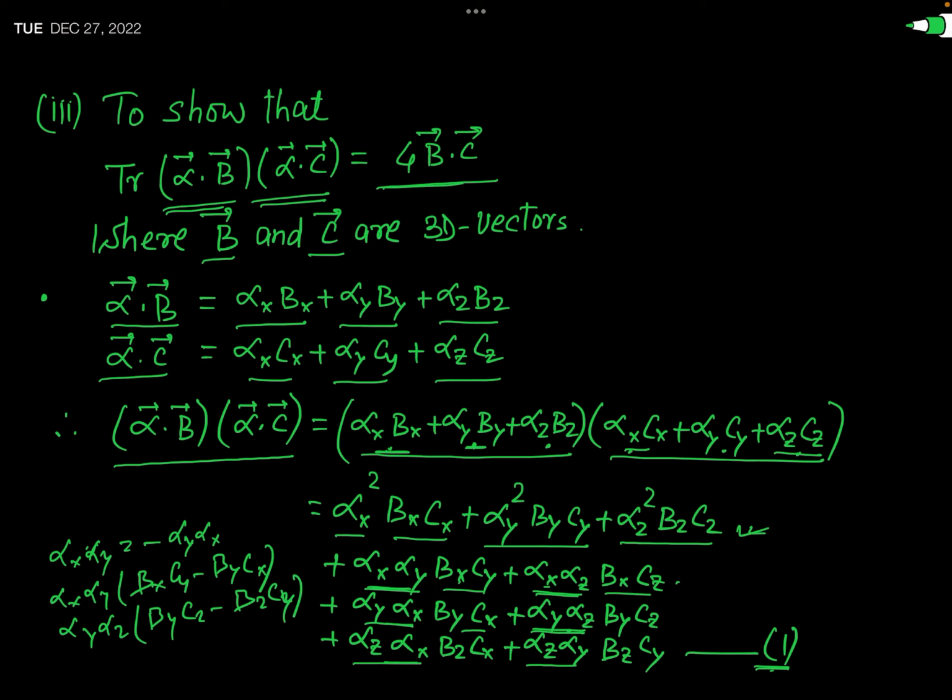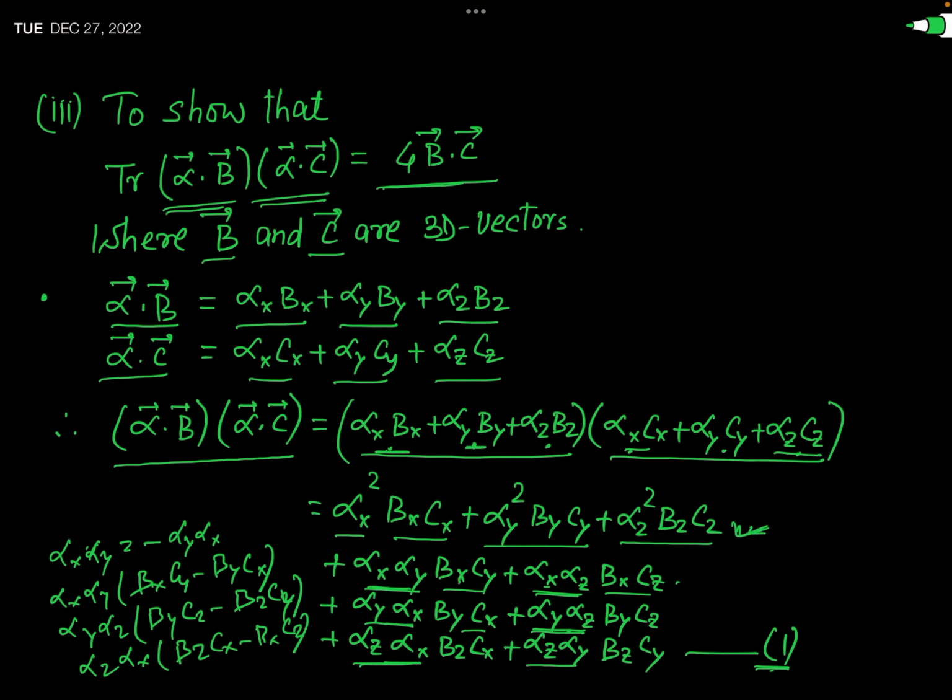And this alpha x alpha z will be equal to minus alpha z alpha x. So this term will be what? Alpha z alpha x will be common, and bz cx minus bx cz.